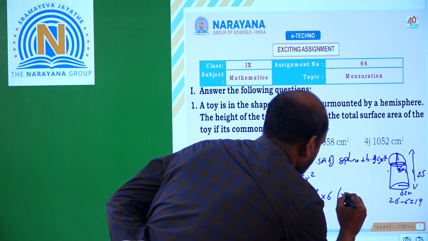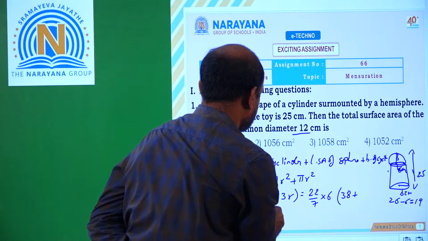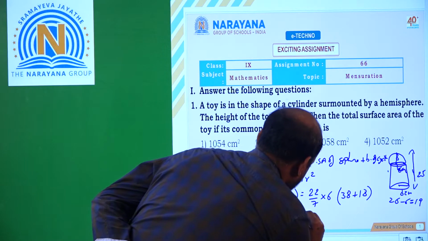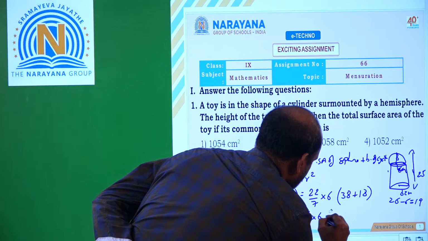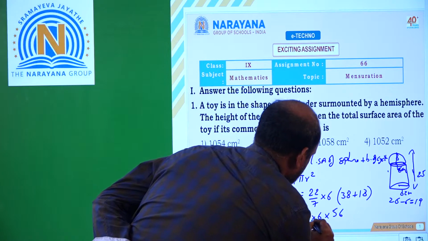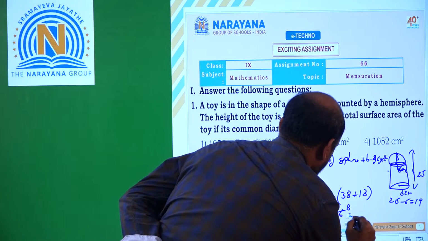So 2 into 19 is 38 plus 3 into 6, 3 sixes are 18, that is 22 by 7 into 6 into 56, that is 8 times 22.